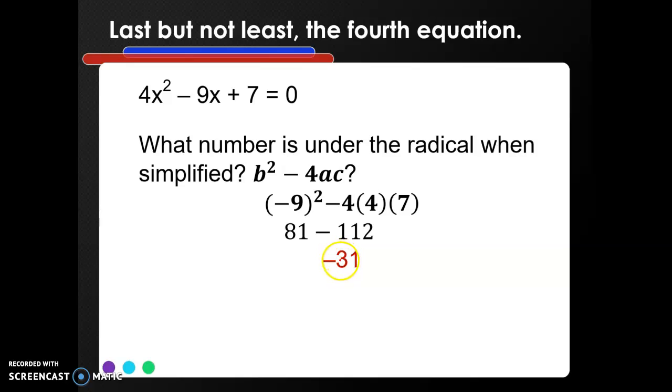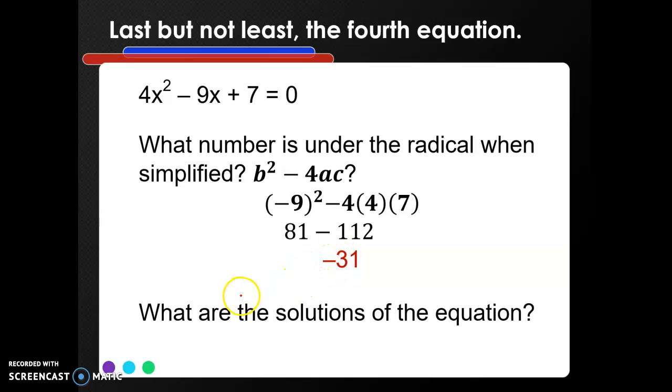If your discriminant is negative, what are the solutions of the equation? Basically, you will end up having a negative 31 here, or you will have an i. I will explain that later. How did we get an i?